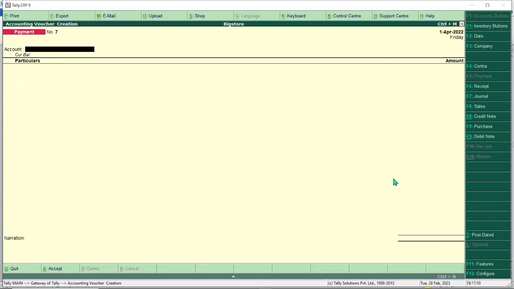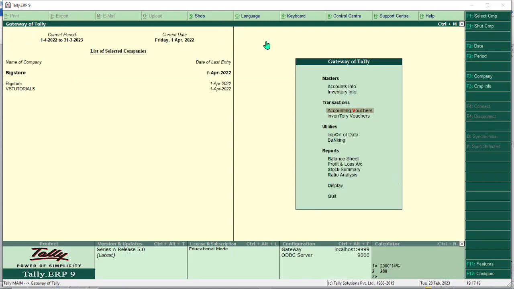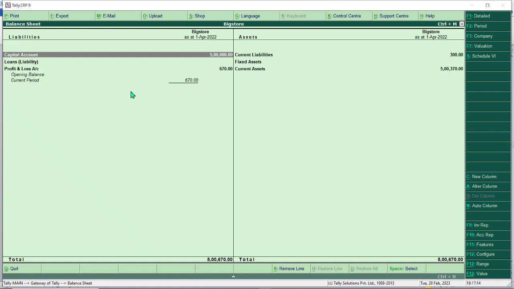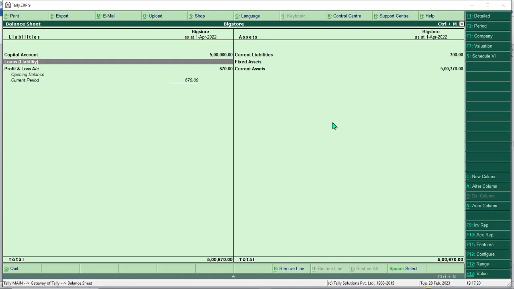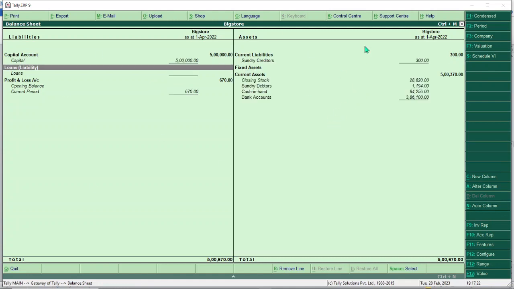So I have paid back my loans, and when I go and see the balance sheet, I will see that loans and liabilities is now cleared. If I press Alt plus F1, I will see that loans and liabilities now clear.